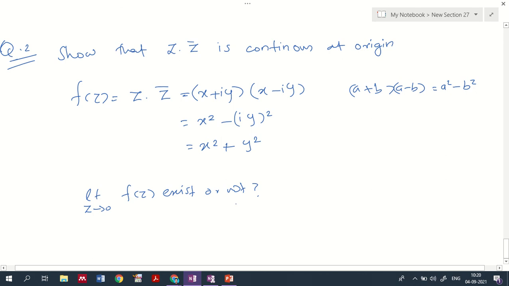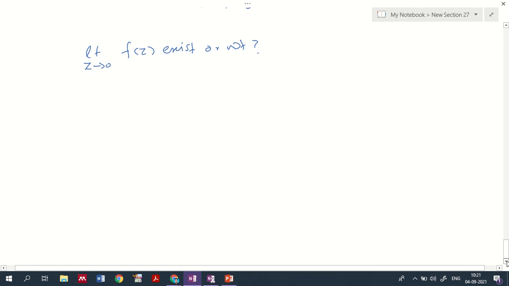So if you check along the y-axis, we know that limit x tends to 0 and y tends to 0, f of z is equal to limit x tends to 0, y tends to 0, here our function will be x square plus y square.